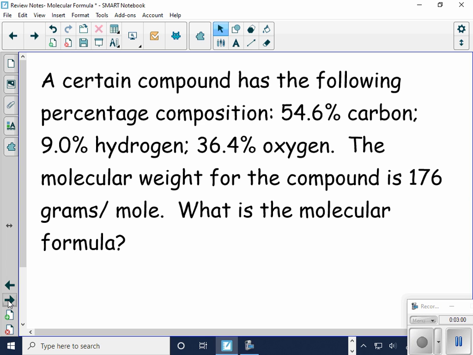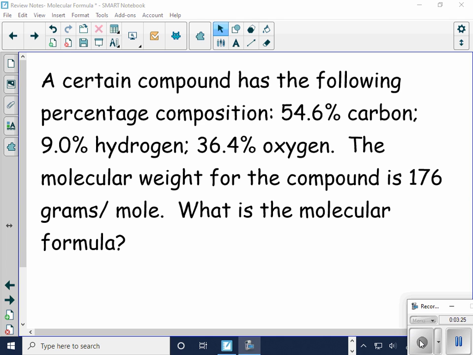Now, right here is the very first problem we are going to work. So go ahead and copy this down in your notes, and then we'll work the problem. The problem states a certain compound has the following percent composition: 54.6% carbon, 9.0% hydrogen, 36.4% oxygen.